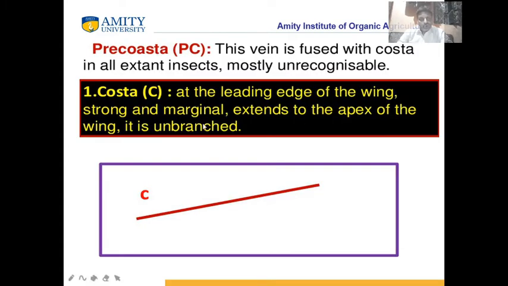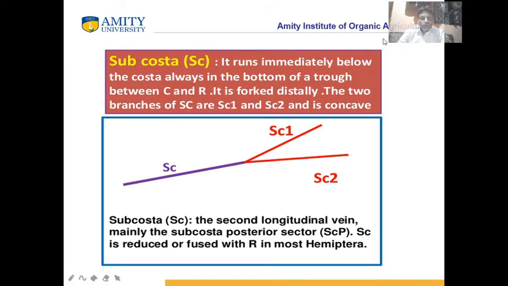Precosta. Costa is the leading edge of the wing, which is strong and marginal, extends to the apex, and is unbranched. Costa are unbranched wings. Subcosta runs immediately below the costa.